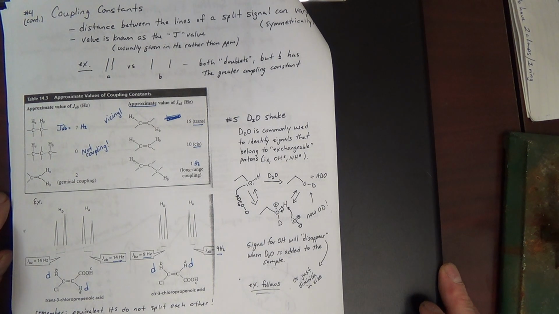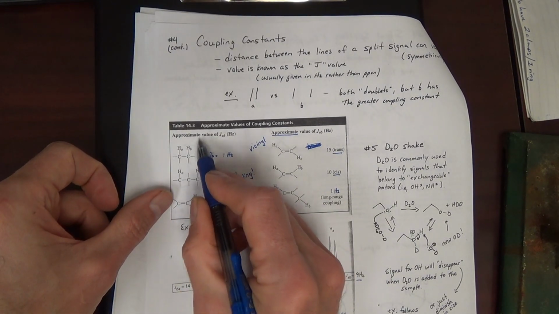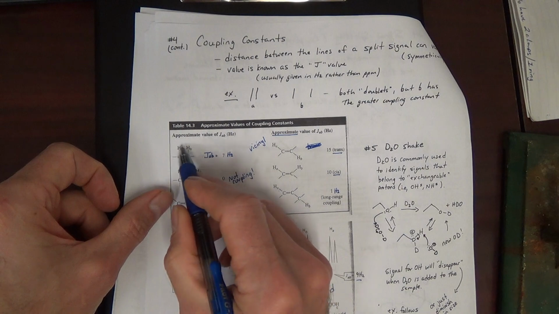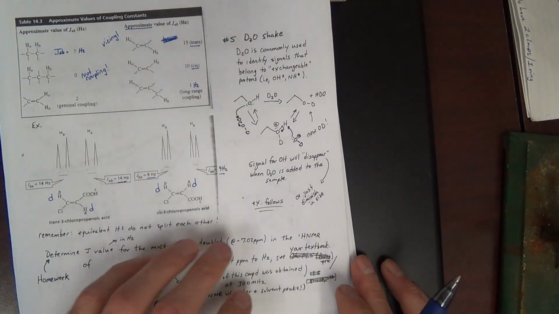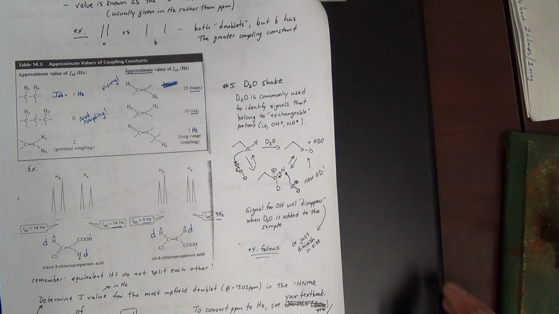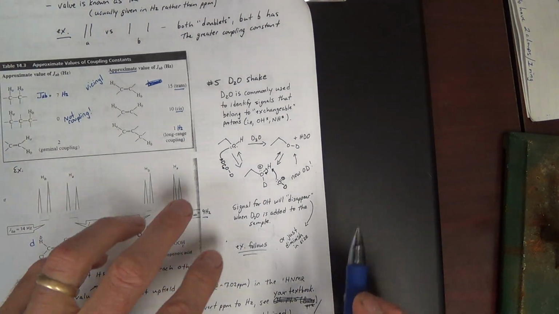Exchangeable protons are protons that can be bounced around between different O's and different N's. A CH is not acidic, typically. It's not going to ionize and generate H plus or any of that acid-base chemistry. But OHs and NHs can be slightly acidic, and they can participate in hydrogen bonding. And they are said to be exchangeable.